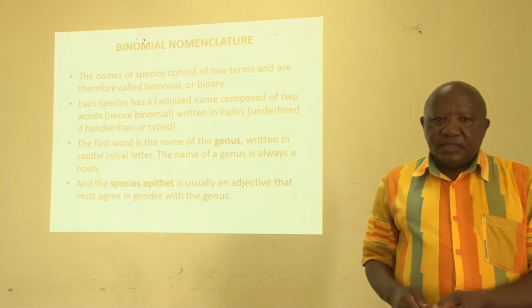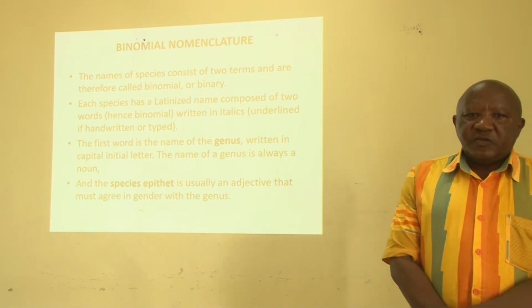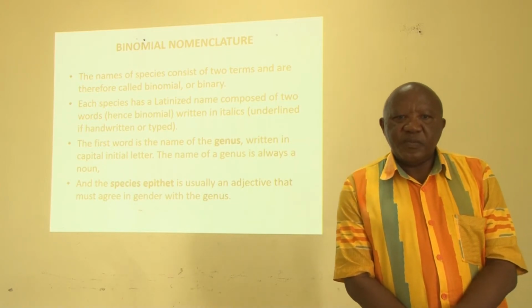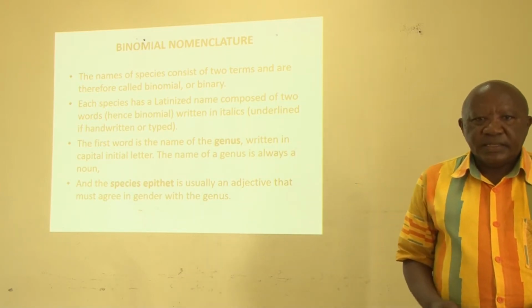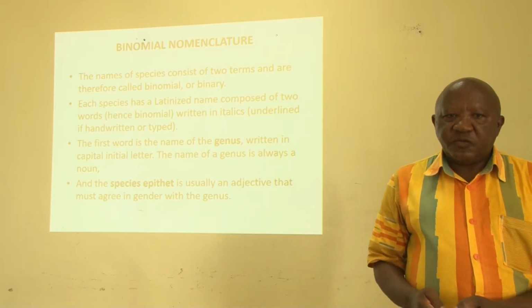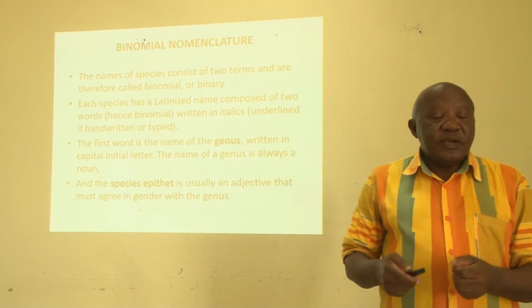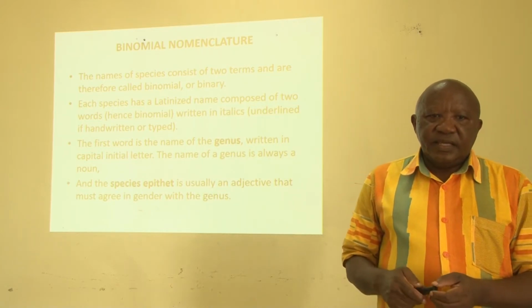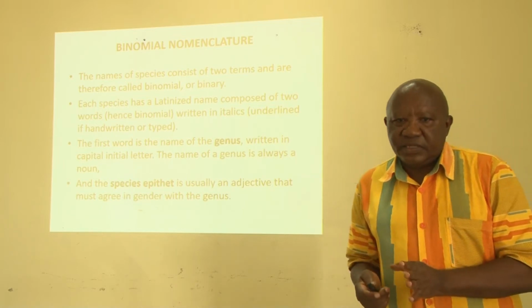Binomial nomenclature. The names of species consist of two terms and are therefore called binomial or binary. Each species has a Latinized name composed of two words, hence binomial, written in italics, underlined if written or typed.